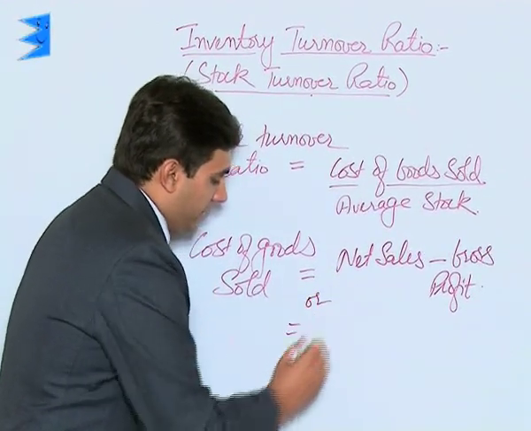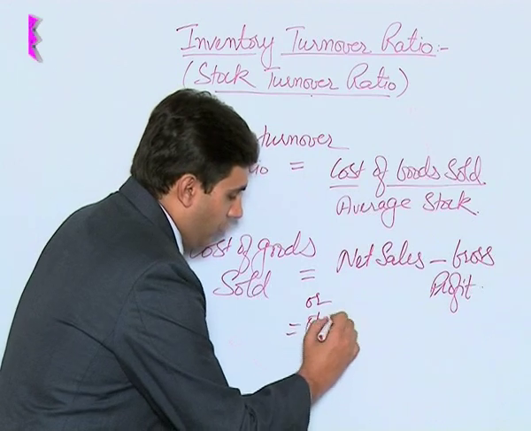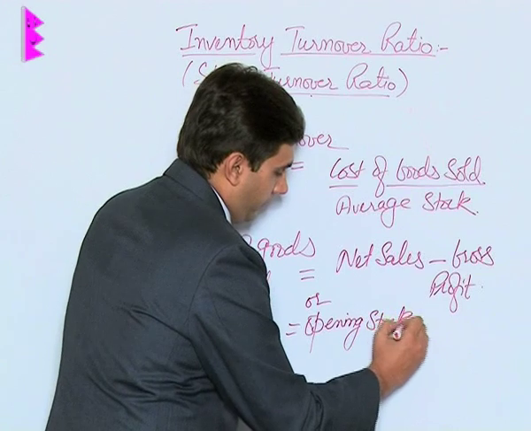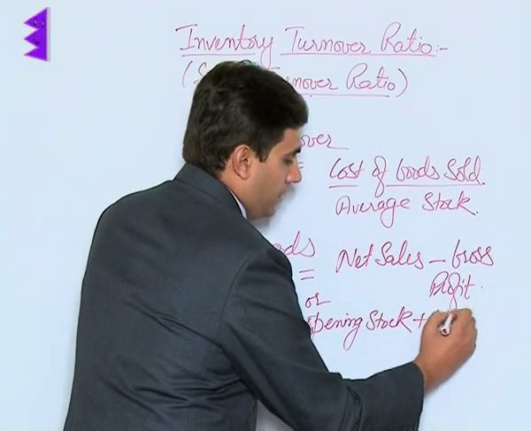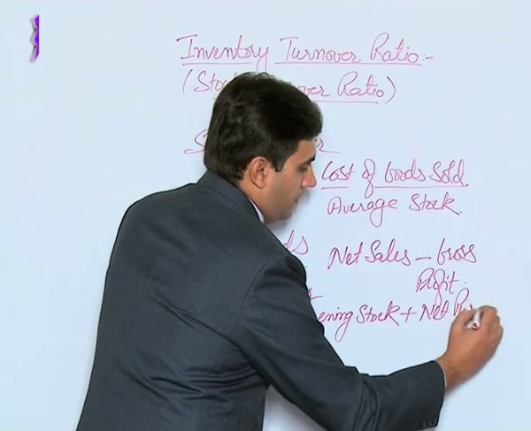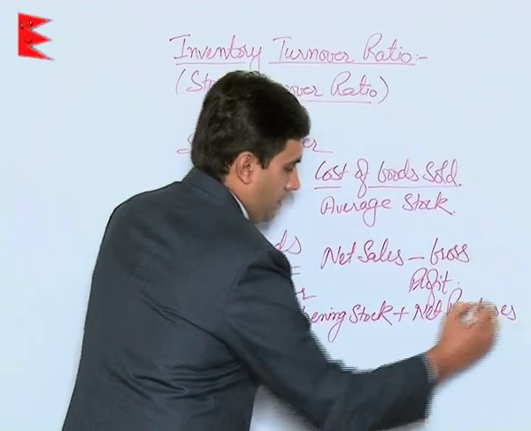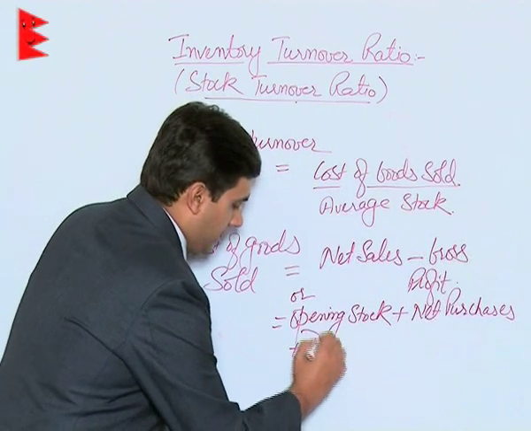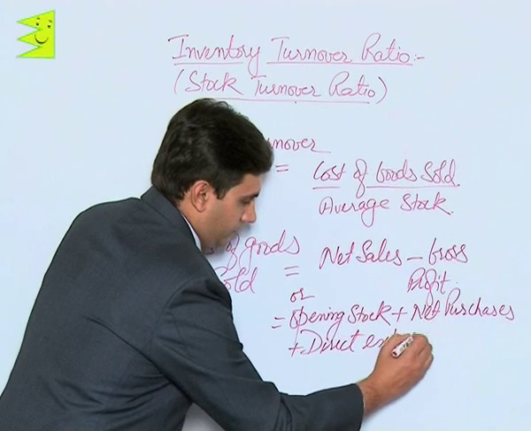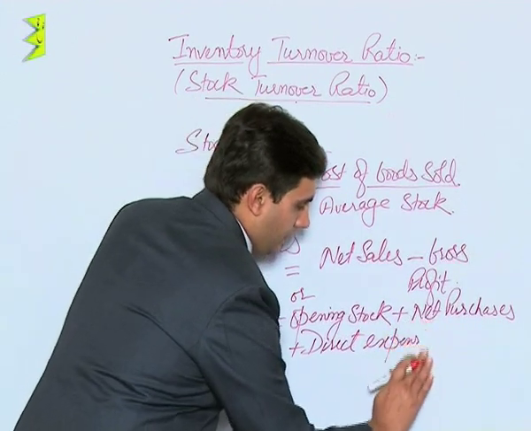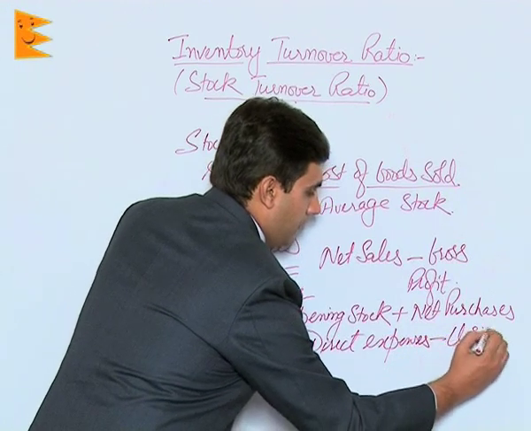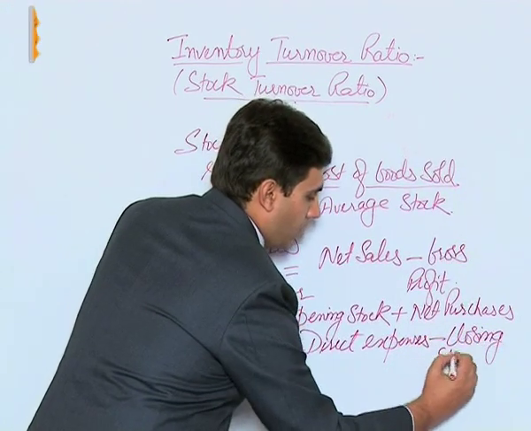The other formula is that it is equal to opening stock plus net purchases plus direct expenses minus closing stock.